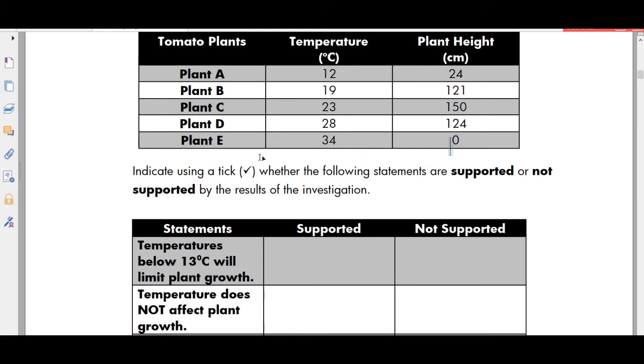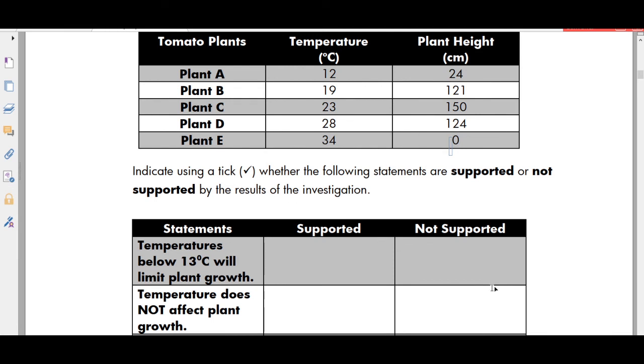Plant E would be exposed to the warmest or the hottest temperature, while plant A would have been exposed to the coolest temperature of all of these. And based on what I am seeing here, 150, plant C would have been exposed to the most ideal temperature. That's a fair conclusion.